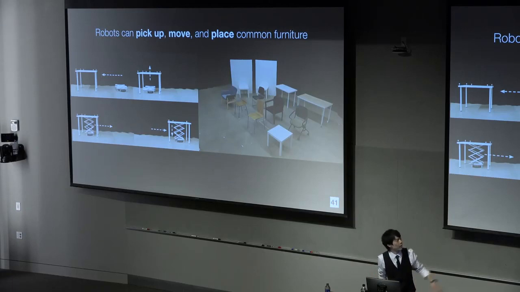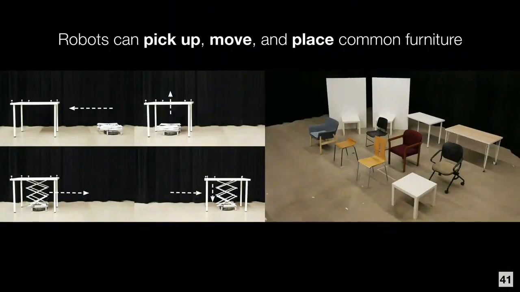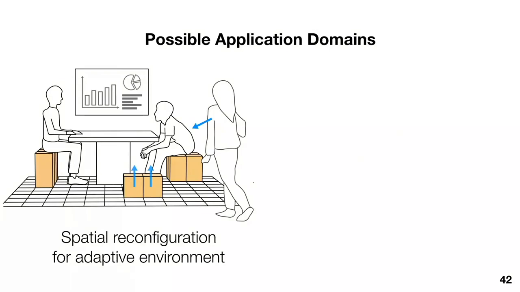For example, these robots can move the common standard furniture we have tested. And there are so many application domains, I think. For example, spatial reconfiguration for adaptive environments.